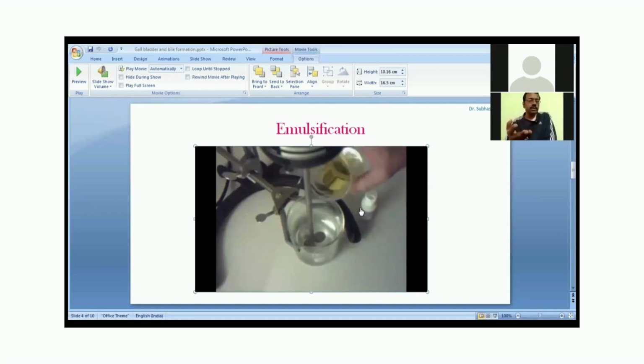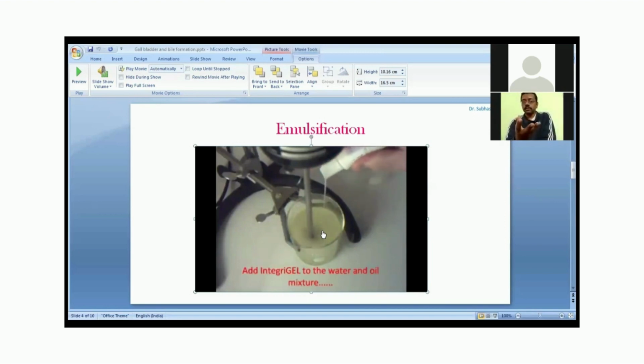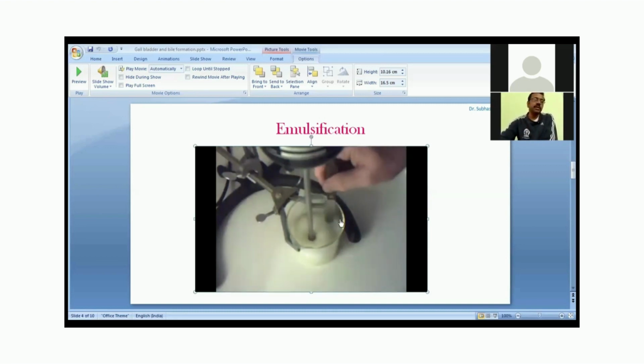Oil floats above the water, but if you mix them with a spoon or a mechanical stirrer, as shown here, then it mixes up, but it forms an unstable emulsion. But if you add an emulsifying agent, then it forms a stable emulsion, right? See, here the creamy thing is your emulsion.